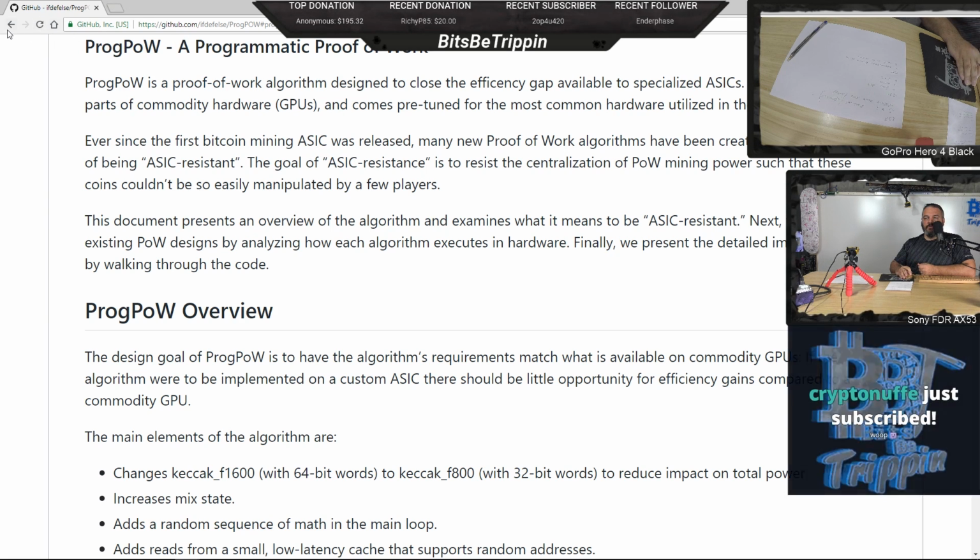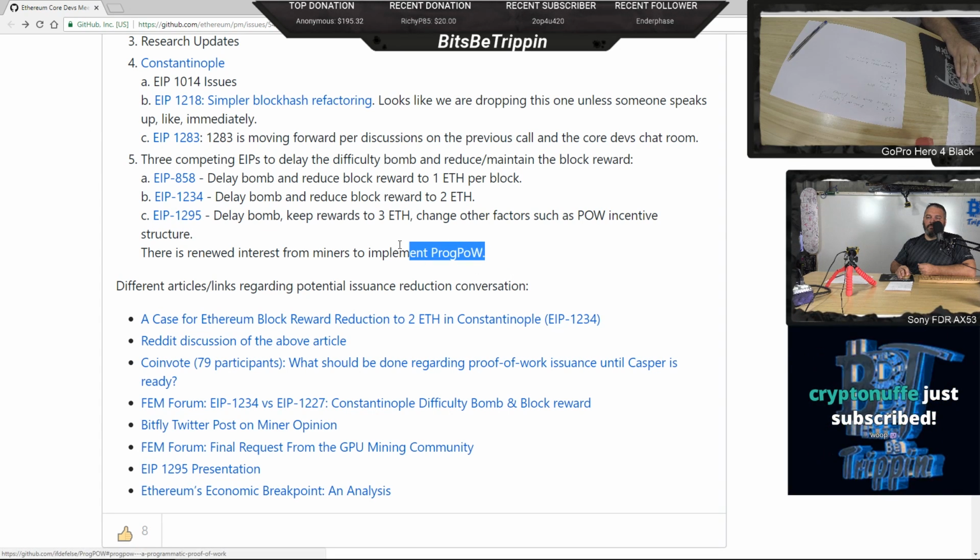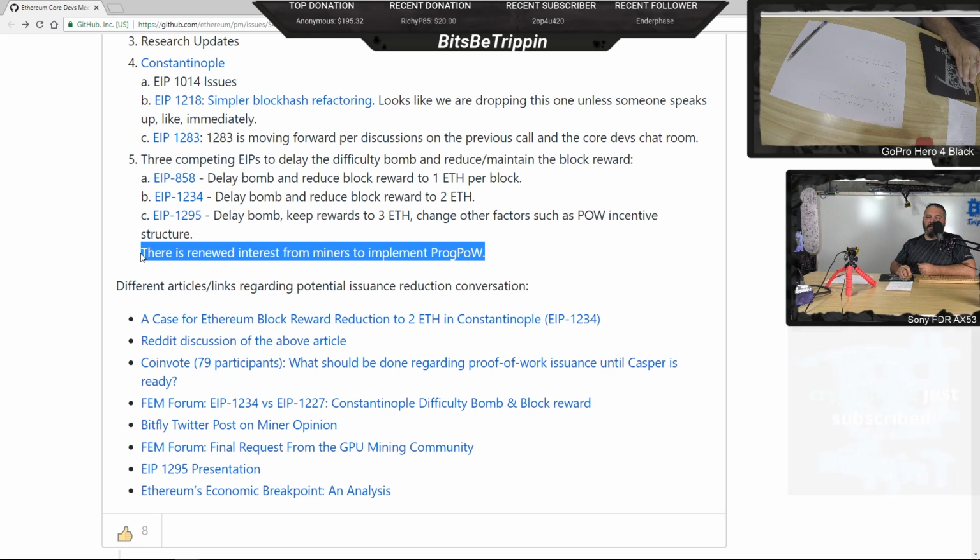So you can go back to one of those presentations for what it is and how it functions, but this essentially would be changing the underlying algorithm, tweaking it to where you would take ASICs off the network. Part of the sentiment in this meeting was that there wasn't a huge influence of ASICs right now, and they're not that much more efficient. It depends on the price point. They are much more efficient if you're buying an $800 unit from Bitmain to do essentially what a $2,500 mining rig can do.